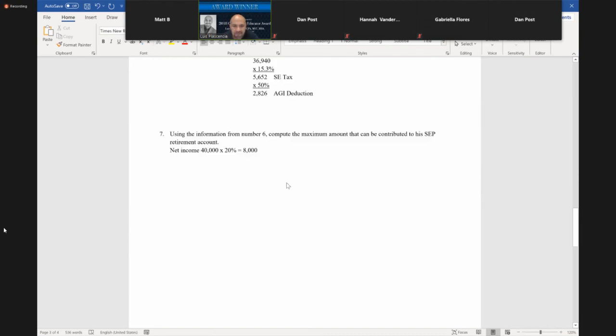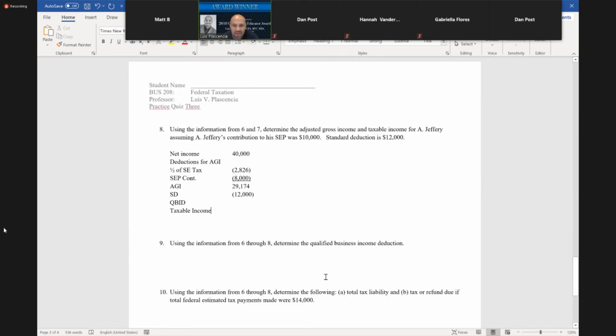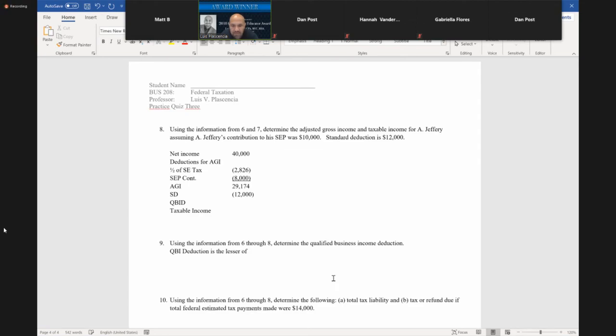But over here is the summary. Again, AGI, we've got to figure out taxable income and the deduction on qualified business income. So with this one, the QBI deduction is the lesser of qualified business income, which in this case is net income minus one-half of self-employment tax minus your SEP contribution minus the premiums for health insurance plans.